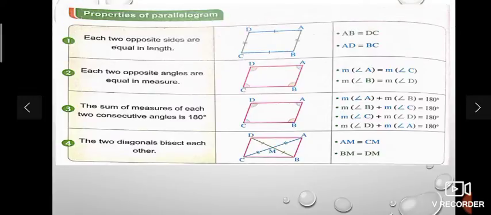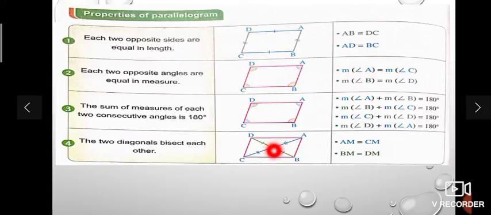Angle D plus angle C equal 180. Angle C plus angle B equal 180. Then the sum of measures of each two consecutive angles is 180. Number 4, the two diagonals bisect each other.